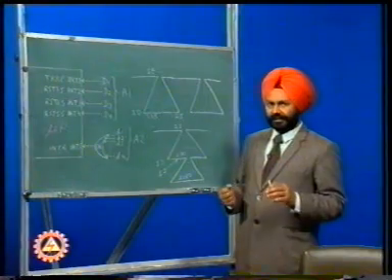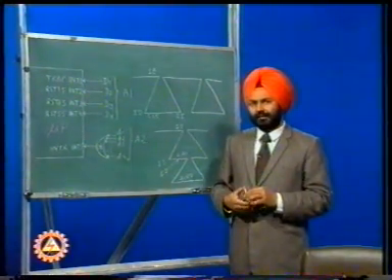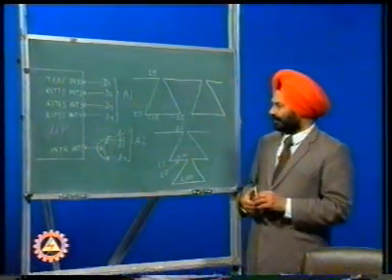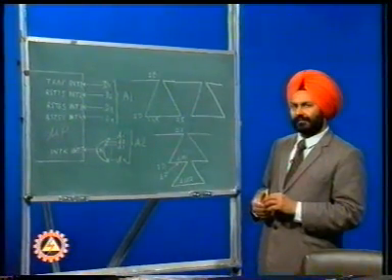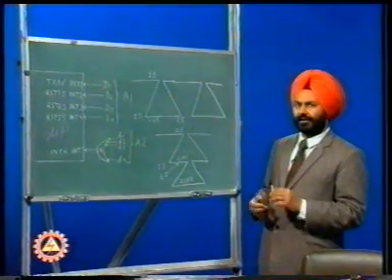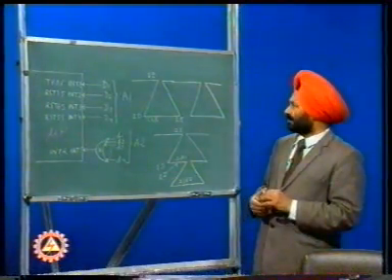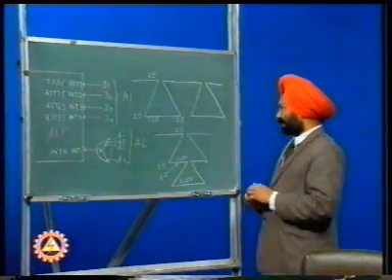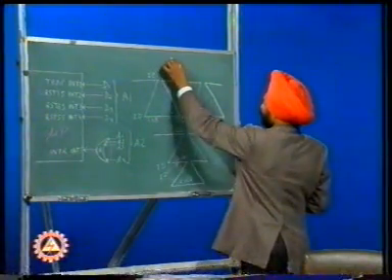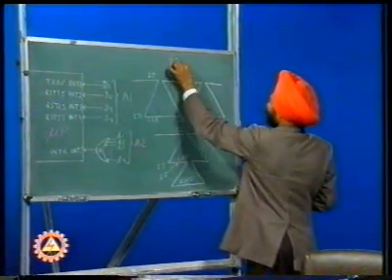Now, if this facility is provided to several devices, then the chip count of the system will increase, thereby the cost of the system will increase. So, the alternative is to use the dedicated programmable chips, that is programmable interrupt controllers.